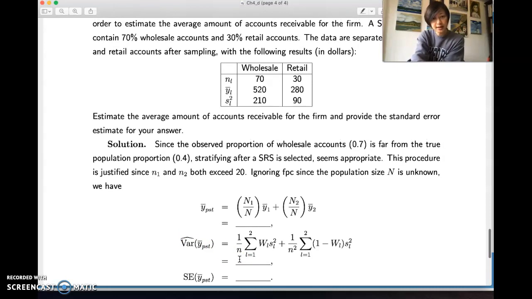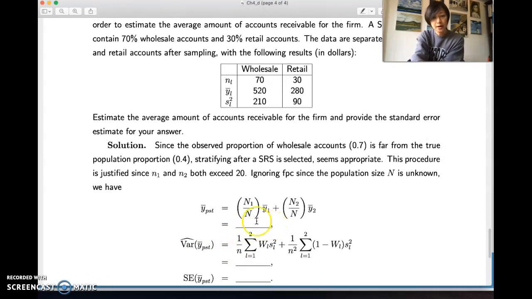So you may say that for this Y bar estimate under the post-stratification, we only obtain Y1 bar and Y2 bar based on the wholesale 70 cases and 30 cases.